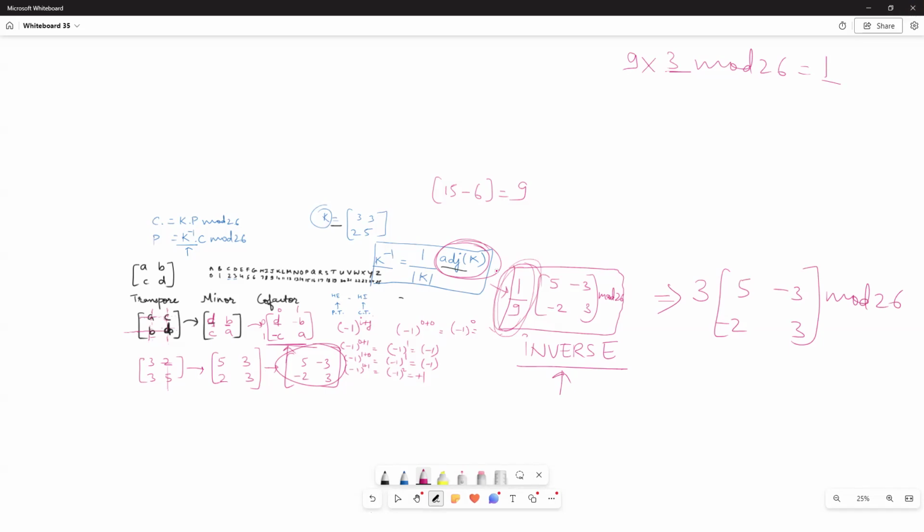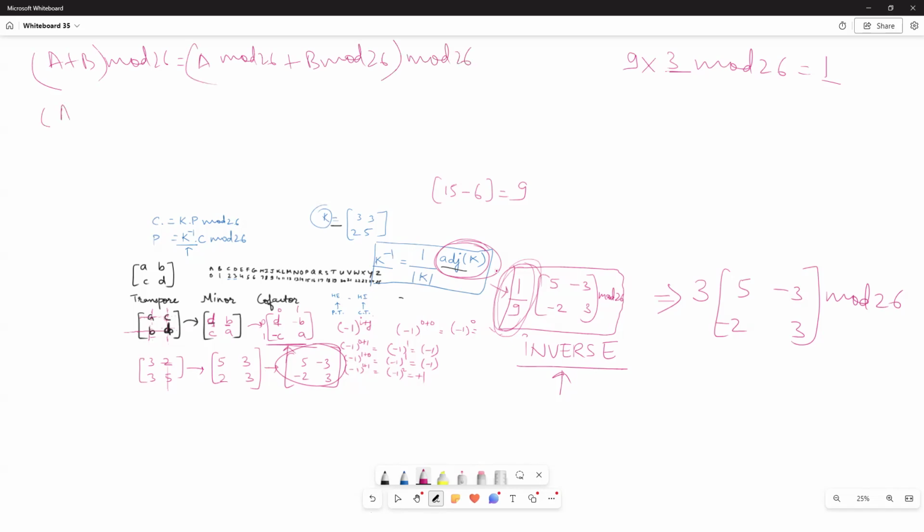So if you remember, whenever we are doing any kind of mod operation, for instance, a plus b mod 26, that is a mod 26 plus b mod 26, and the whole resultant mod 26.